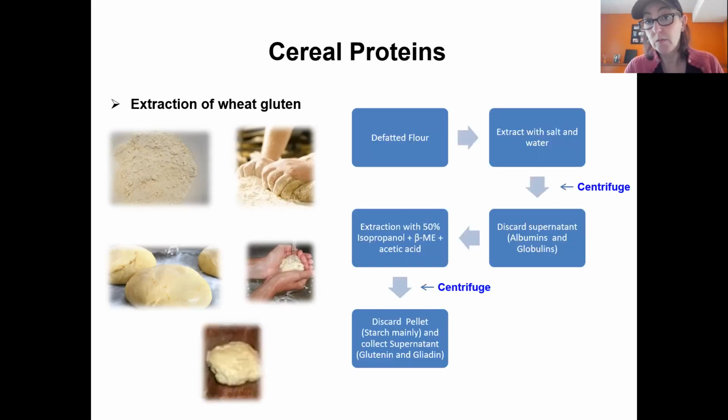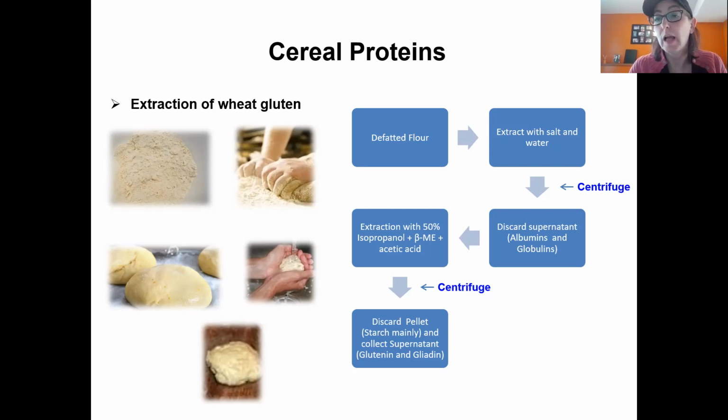But there's another way of fractionating them. You don't have to make the dough and you don't have to wash with water. What you can do is get the defatted flour, or if it's not defatted, you defat it, remove the oil, and then you extract with water and salt or salt solution.